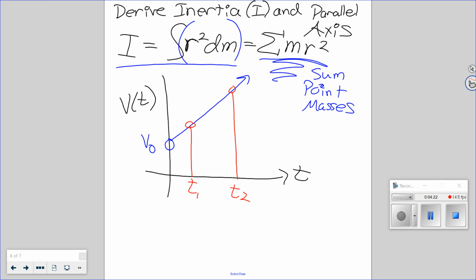If I calculate the integral of v(t) from t1 to t2 dt, I get something meaningful, right? In fact, I get the area between the line and the axis, in between t1 and t2. You with me so far?